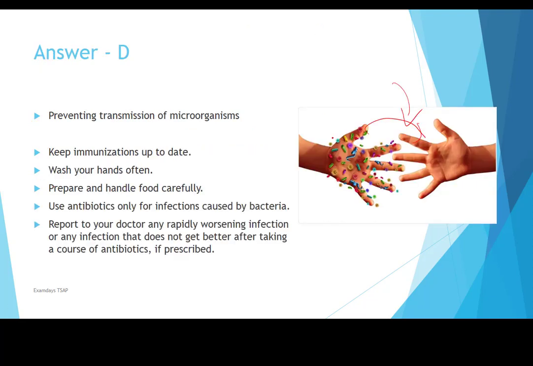So this is the victim, and this is another victim, and all the microorganisms will be transmitted from one hand to the other hand when touched. So what precautions are to be taken here? We have to keep immunizations up to date, wash your hands often, and prepare and handle food carefully. Some other precautions are also given here.